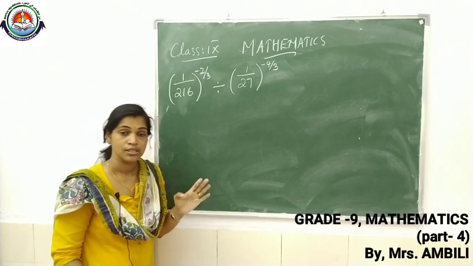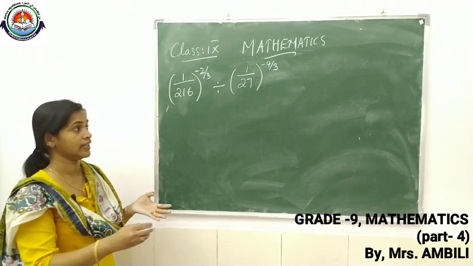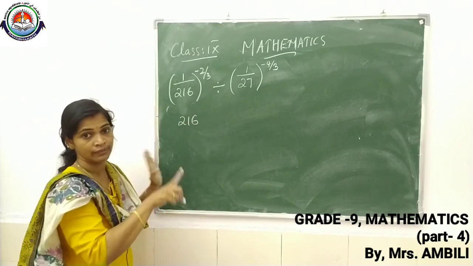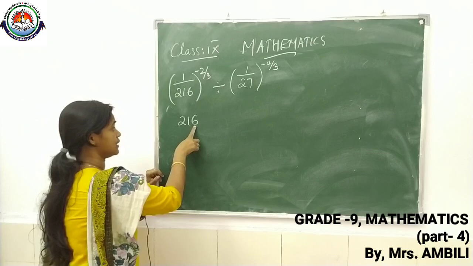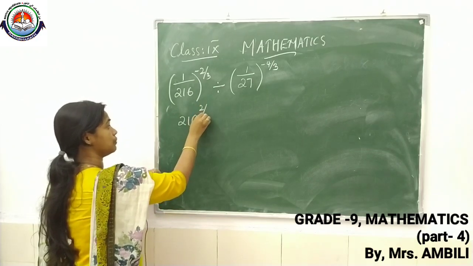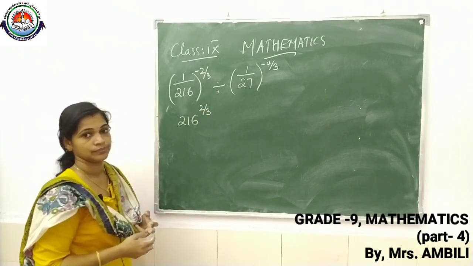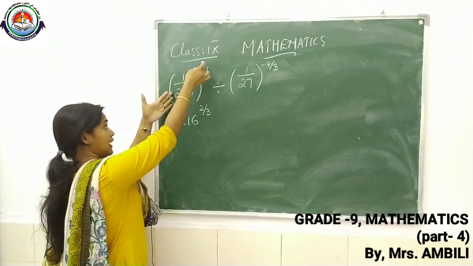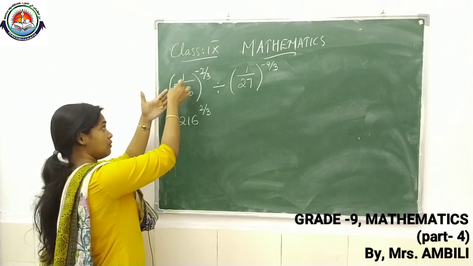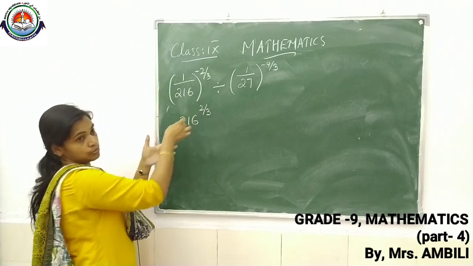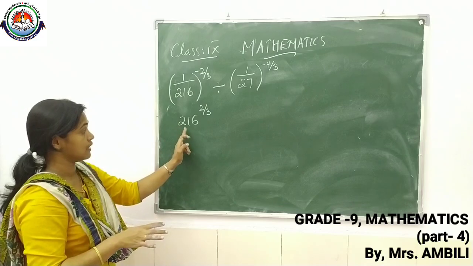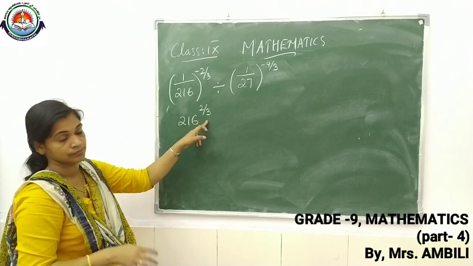Clear? So 1 by 216 raised to minus 2 by 3, I wrote as 216 by 1 all raised to 2 by 3. That is 216 raised to 2 by 3.